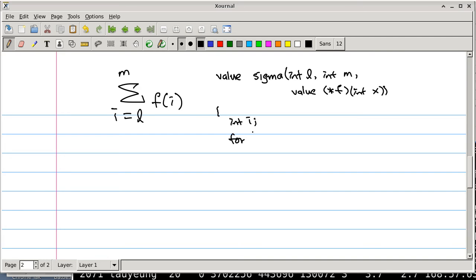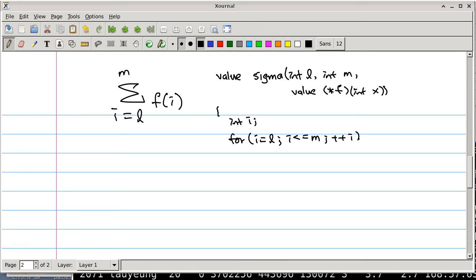The for loop is actually quite simple. We start with the value L, the lower bound, and then we stay in the loop as long as I is less than or equal to M. M is the maximum or the upper bound. And for each iteration, as a post operation, we increment I to get to the next iteration.